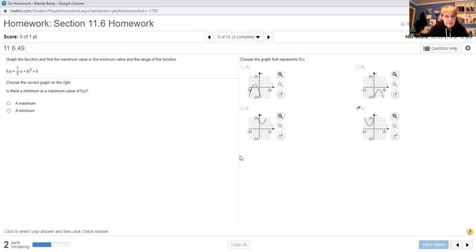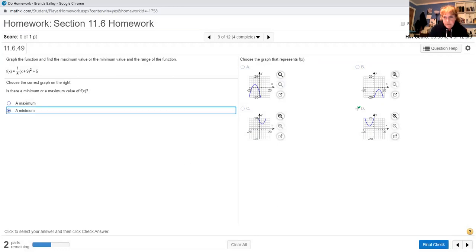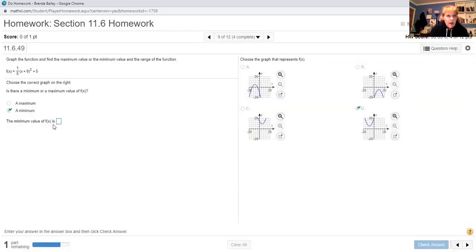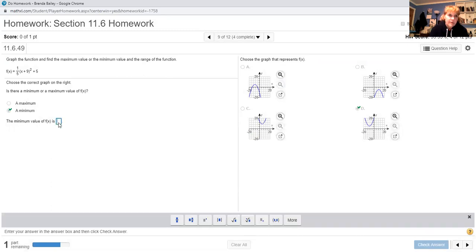Do I have a minimum or a maximum? Well, in this case, because it opens up, oh, there's our D. Because it opens up, I know that the vertex is a minimum. It's the lowest. Final check. Good job. What is the minimum value of f of x?